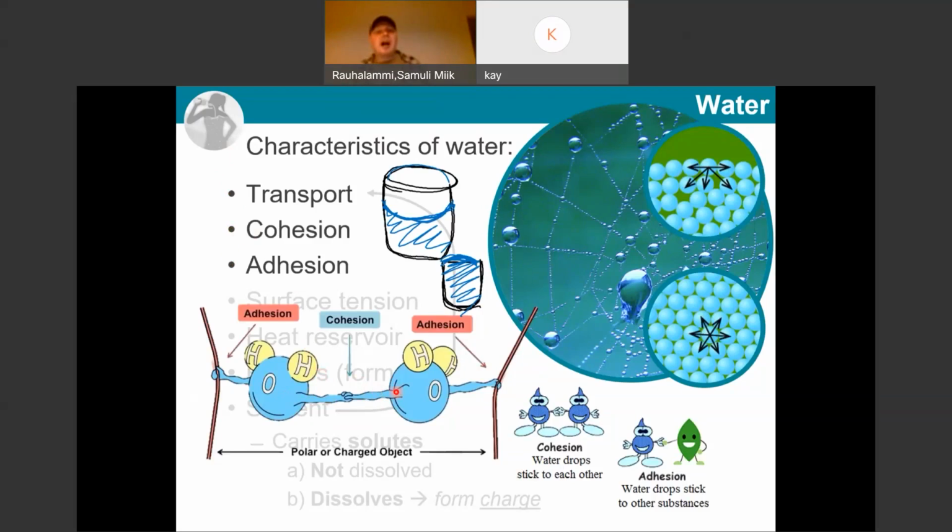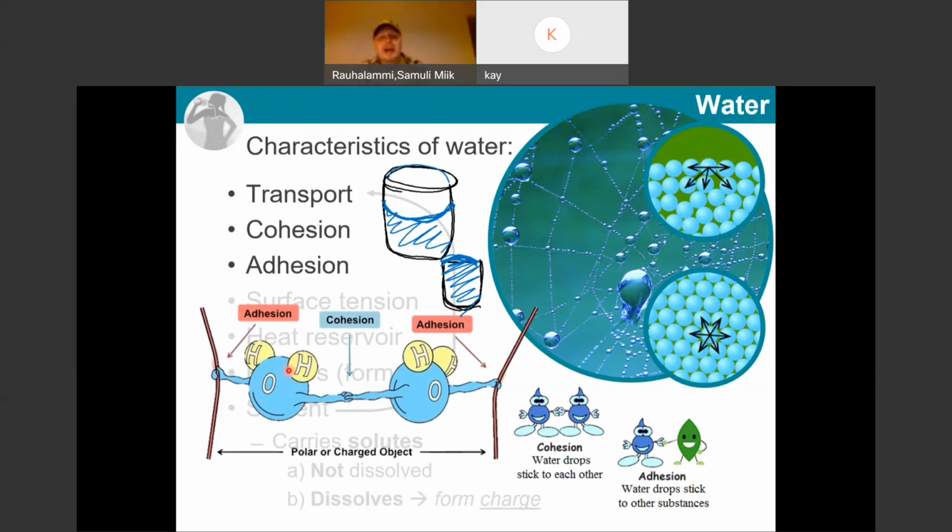We saw these hydrogen bonds between water molecules when we discussed the different kinds of bonds that take place in matter. Cohesion simply referred to the fact that water molecules are attracted to each other. So typically you end up seeing that they tend to stick nicely together.